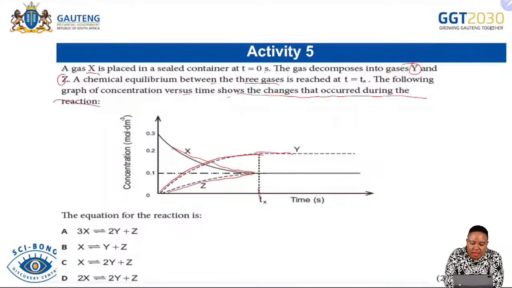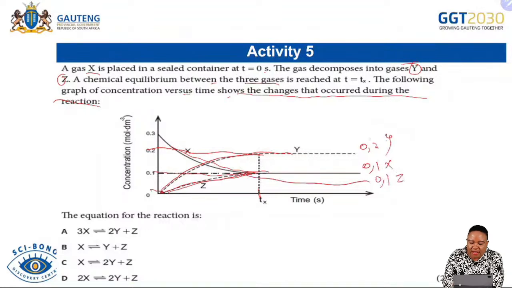So you can see that at equilibrium, we are able to read the values of Y is 0.2, of X is 0.1, and of Z is also 0.1. So this one is Y, this one is X, and this one is Z.